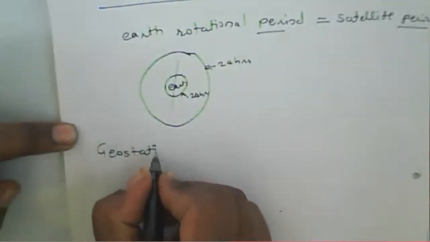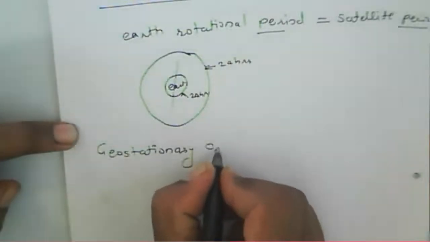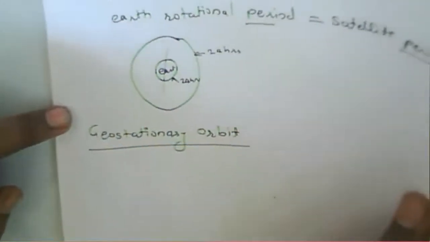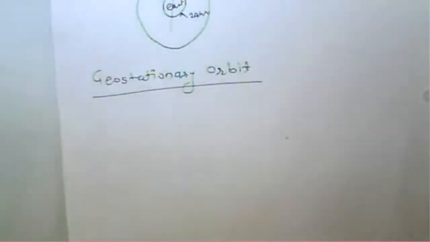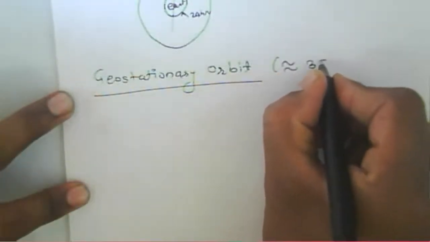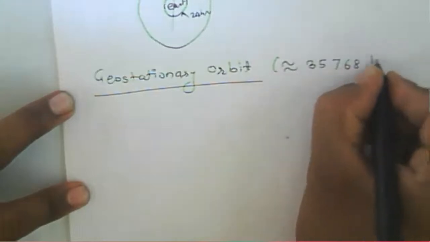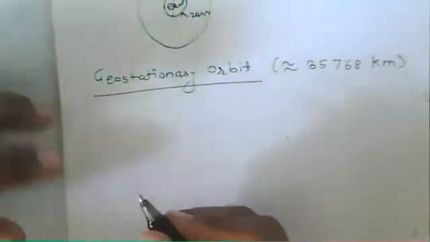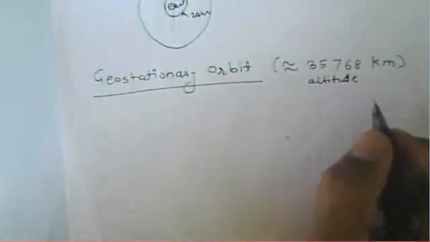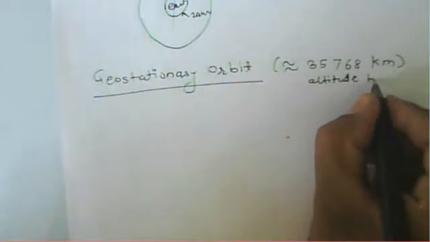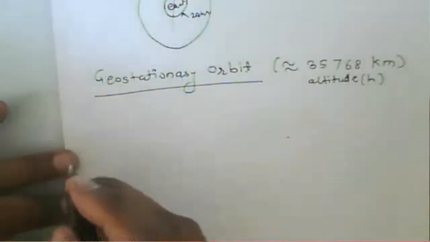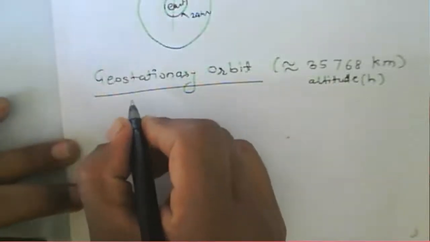Next, the geostationary orbit. In the case of a geostationary orbit, the height is approximately 35,768 kilometers. Height means altitude, the altitude of the satellite, which is nothing but h.